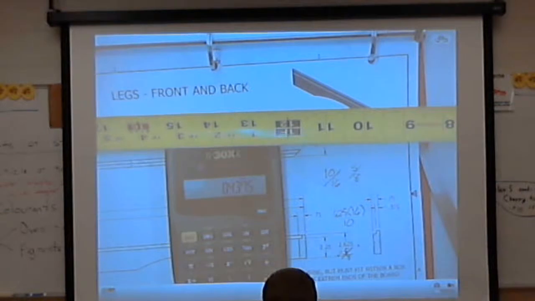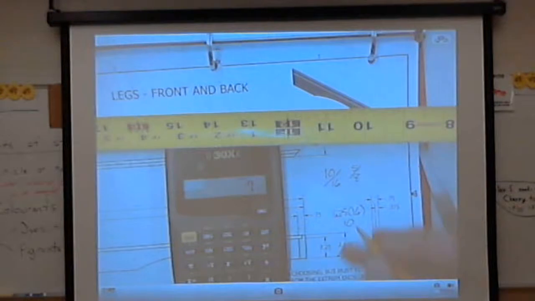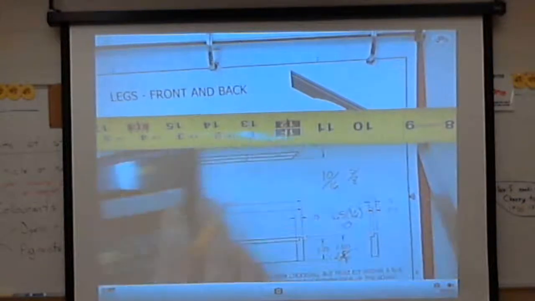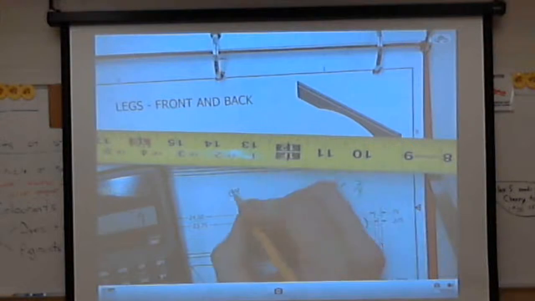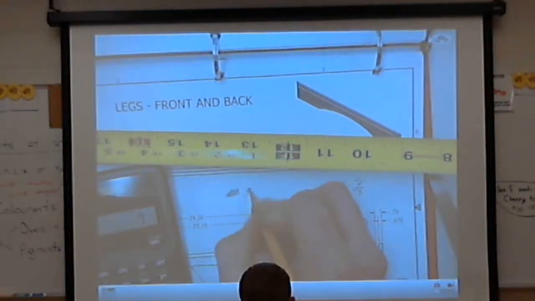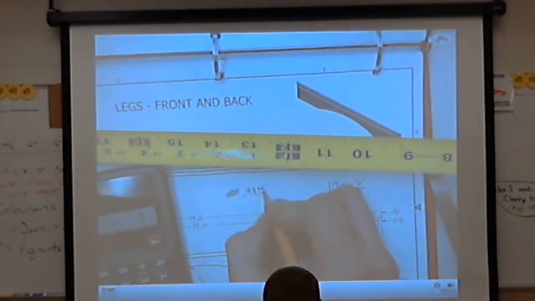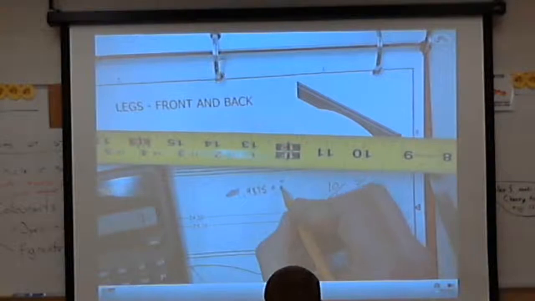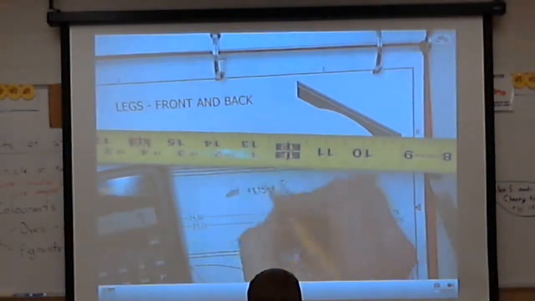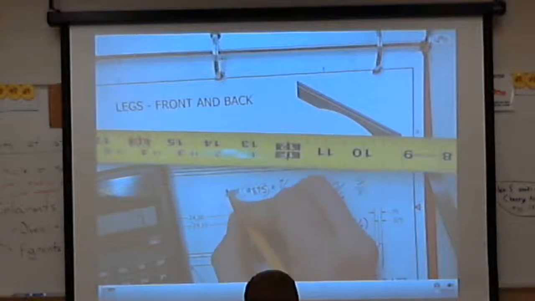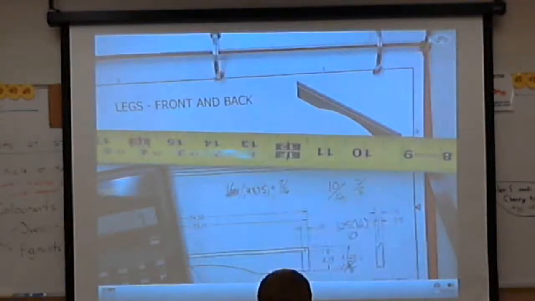Multiply that by 16. Okay, so it gives us 7. So that means 0.4375 is the same as 7/16. So again, you figured that out by multiplying by 16.